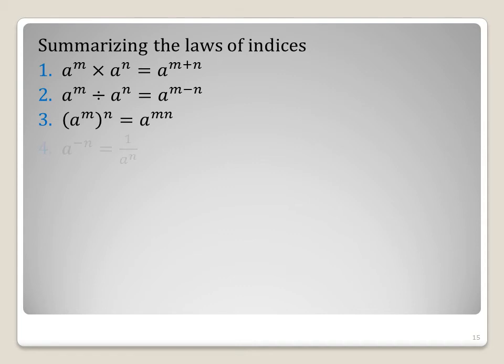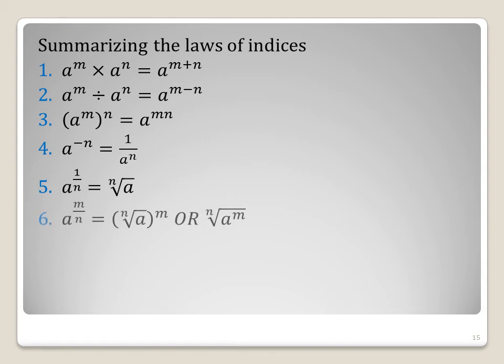The law of negative index: a raised to the power of minus n equals 1 all over a raised to the power of n. The law of fractional index: a raised to the power of 1 all over n equals nth root of a.